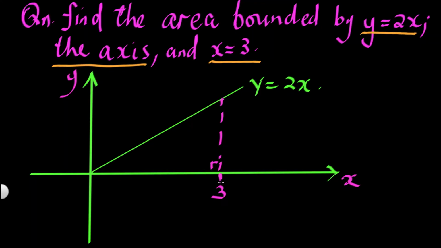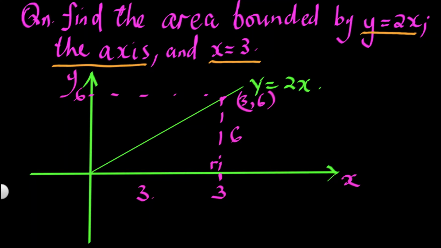I can find this area. I know that if this is y equals 2x, at this point here, x is 3, and y will be 6. So x is 3, y is 6. This is this point here. So the height of this is actually 6 units, and the base is 3 units.